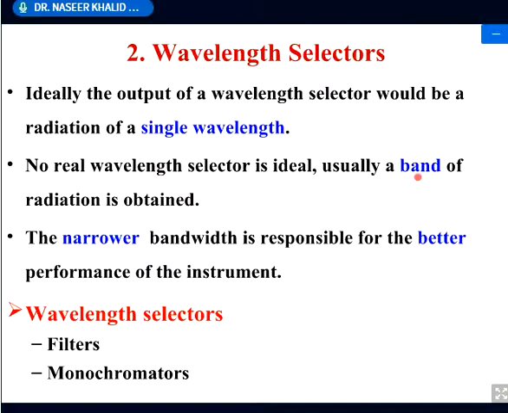The narrowness of this band matters, because if it is a single wavelength, it is not possible. A narrow band of 40 to 80 nanometer, and the other system is 40 to 50 nanometer. So the 40 to 50 range is better compared to 40 to 80 nanometer. So we are going after the narrowness of the band.